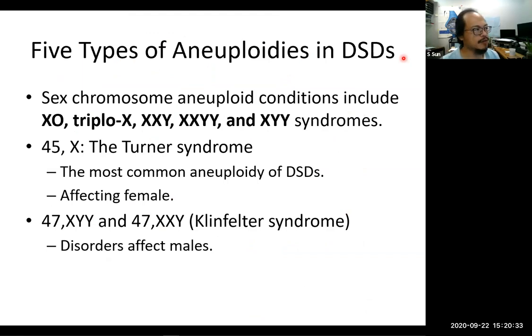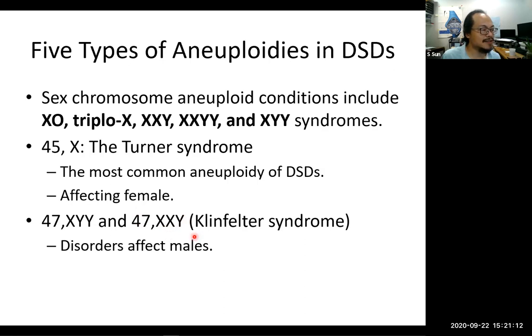There are five types of aneuploidies in disorders of sex development. The major one is X0, 45X, also called Turner syndrome. This one affects females. Some less common ones are 47XYY or 47XXY.